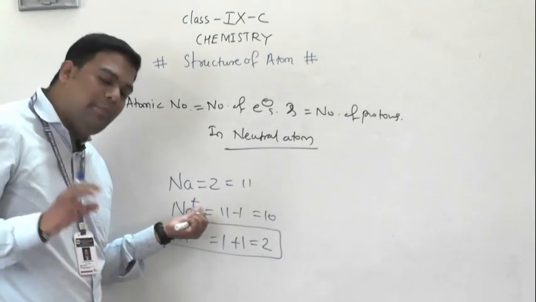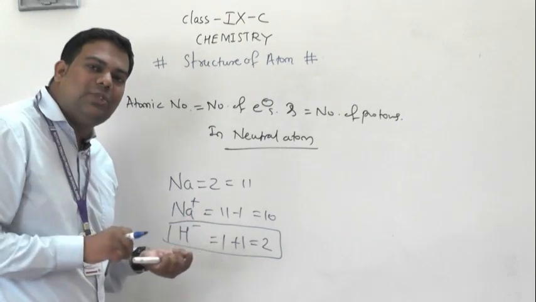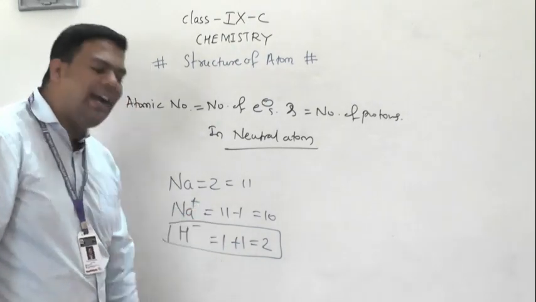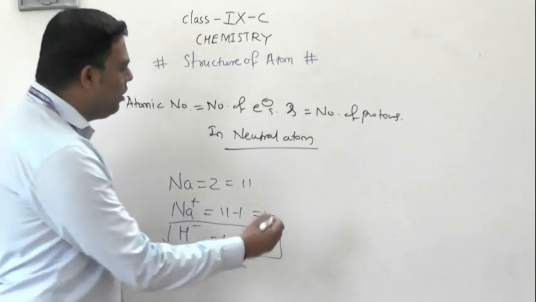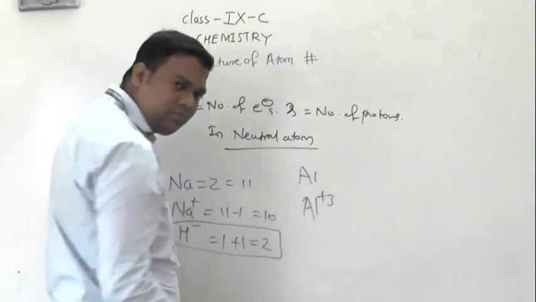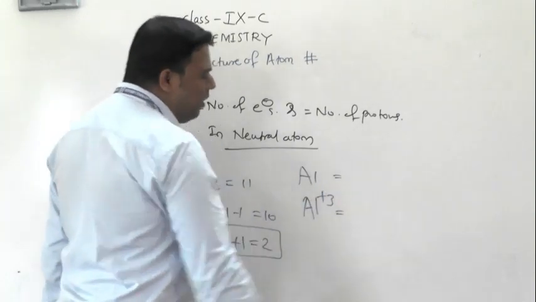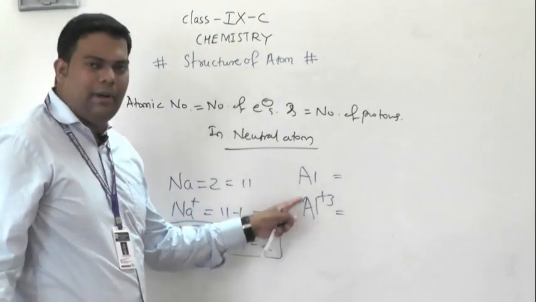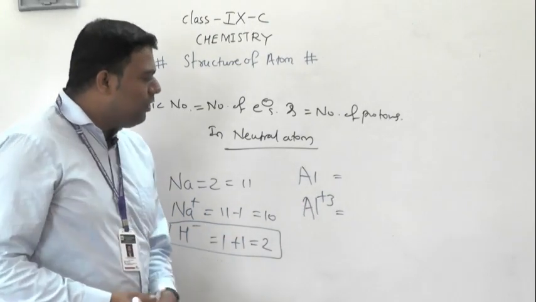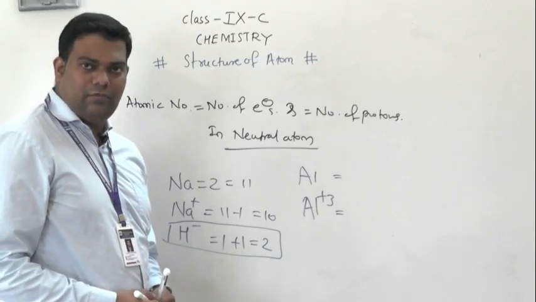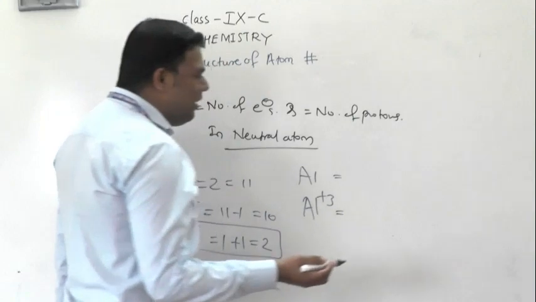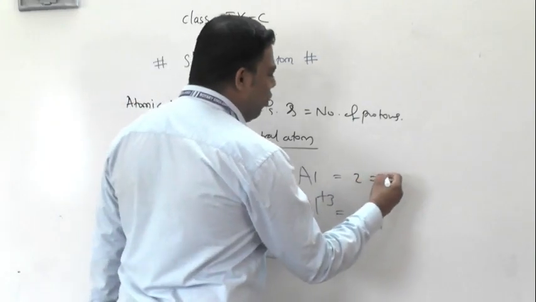It basically depends on how much charge is present on that element. Suppose you write aluminium and Al plus 3, a neutral atom and a cation. The number of electrons in aluminium is its atomic number, Z equal to 13.